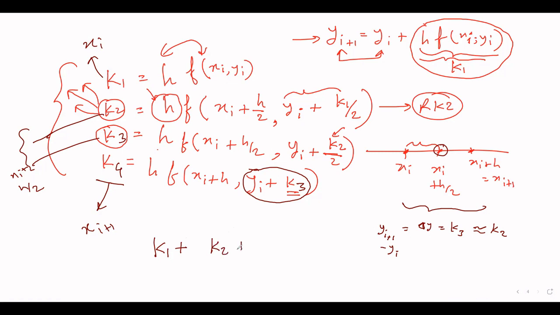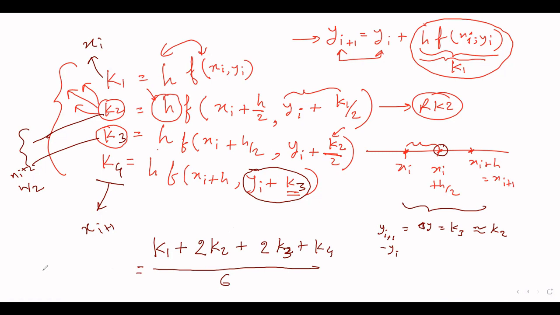We increase the weights at the midpoint. How so? We multiply by 2 here and here. And since we have weight 1 plus 2 plus 2 plus 1, we divide by 6. So this is the average of the increments of y, or del y.